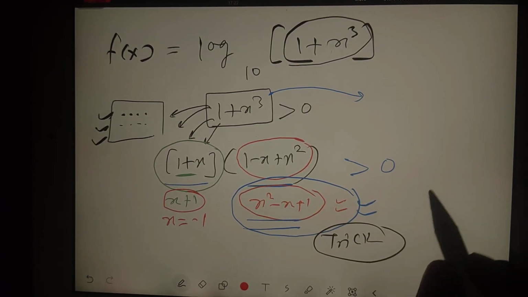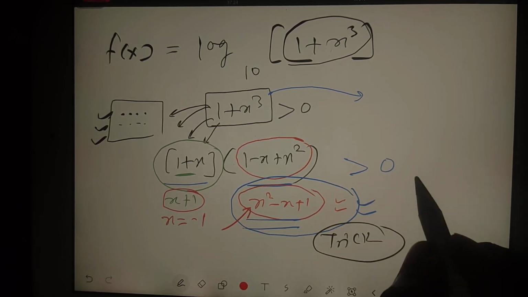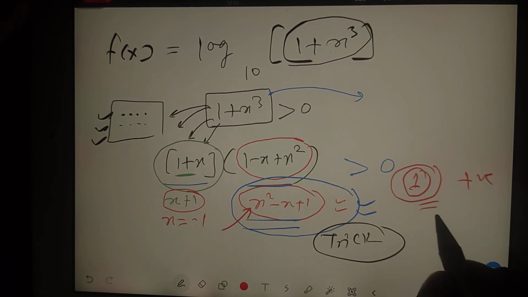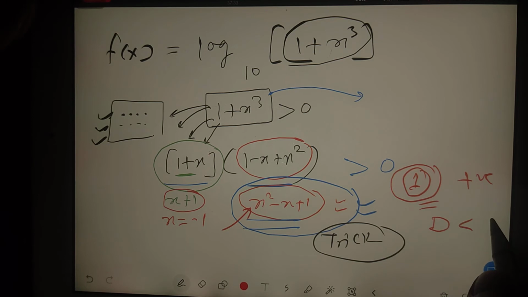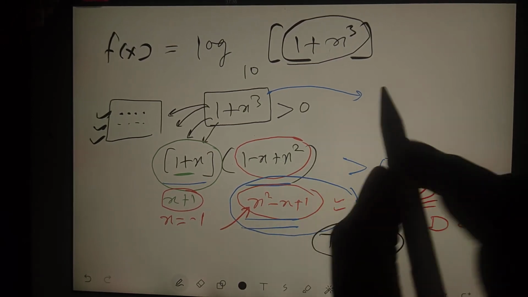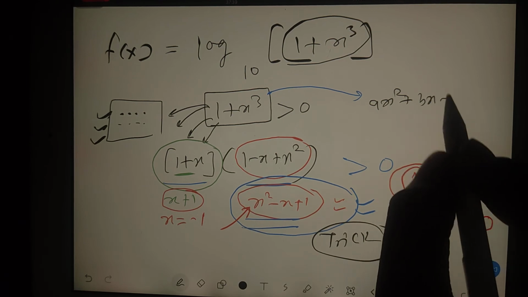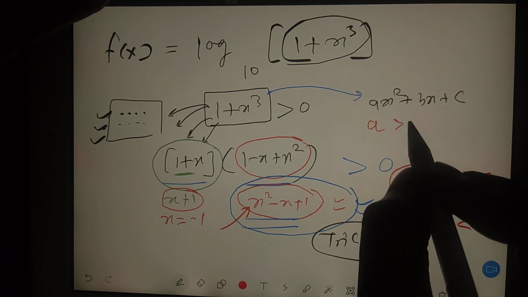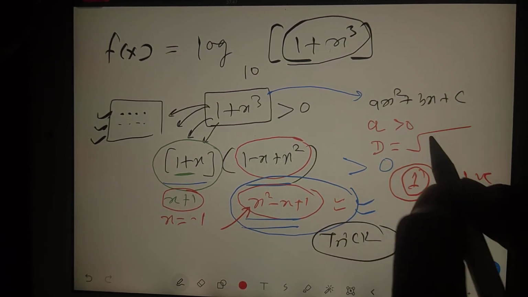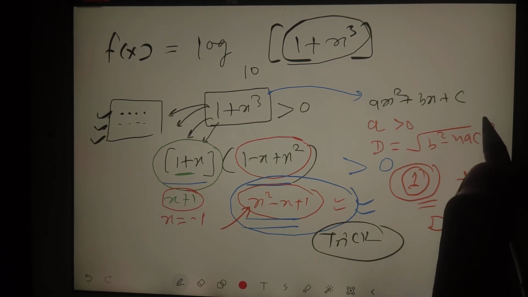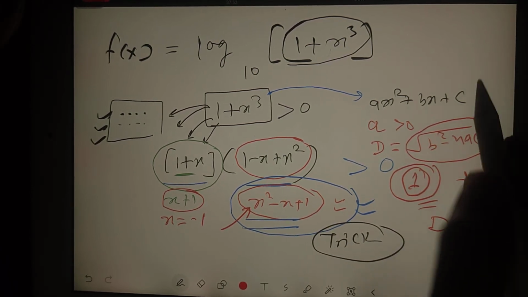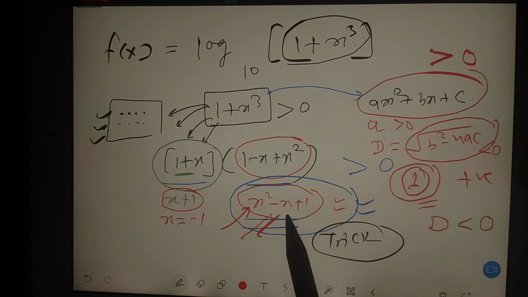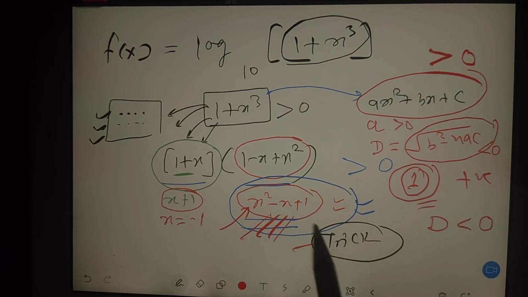If your coefficient of x square, which is 1, is positive, so of course this one is positive, and your discriminant is less than 0, means if you focus on the equation ax square plus bx plus c, in this equation, if your a, the coefficient of x square, is more than 0 and your discriminant, b square minus 4ac, if this total is less than 0, then this value will always be greater than 0, means always positive. So this part, if you check by trick, then automatically it is positive.